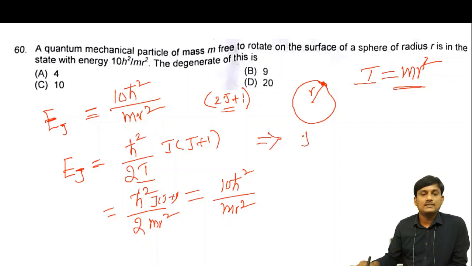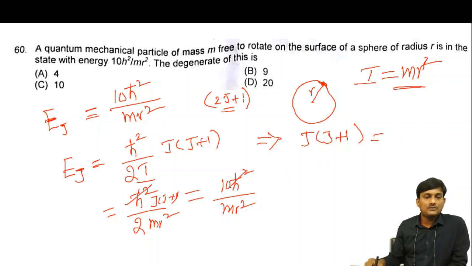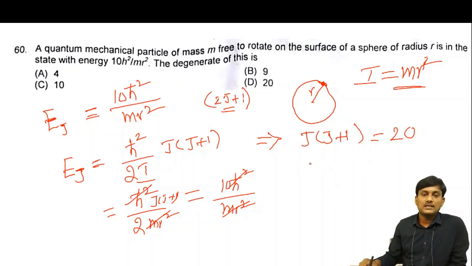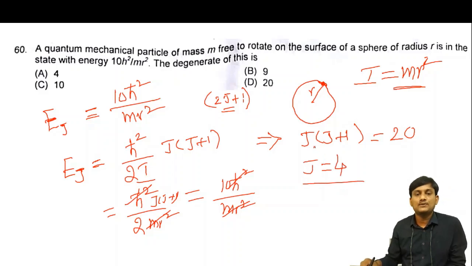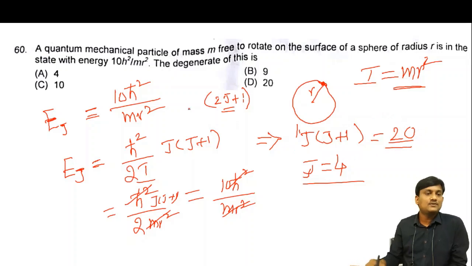That implies j into j plus 1 is equal to 20, since h cross square and m r square cancel. When j into j plus 1 is equal to 20, j is equal to 4. Putting j equal to 4, 4 into 5 is 20, so the equation is satisfied.